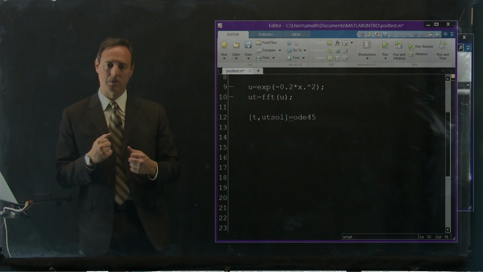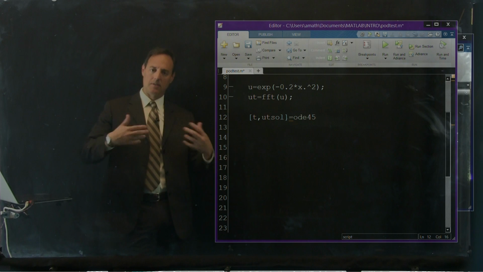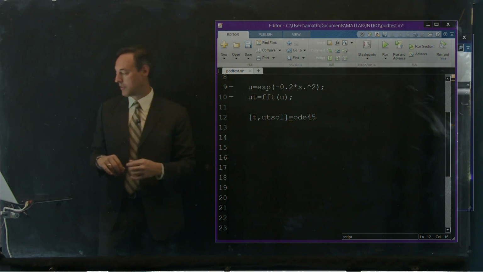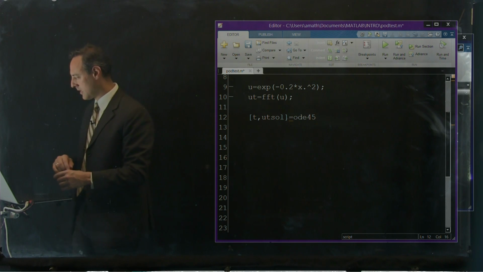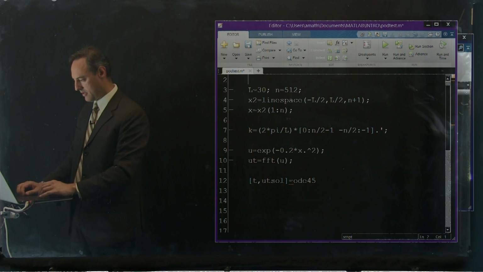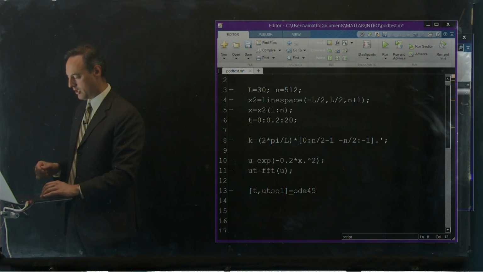So we're solving this in the Fourier domain, so what's going to come out is the solution in the Fourier domain, and then we're going to have to bring it back to the real domain. We also have to define a time to solve it for, so let's make t go from 0, steps 0.2 to 20. So we're going to solve it for 20 units in time.